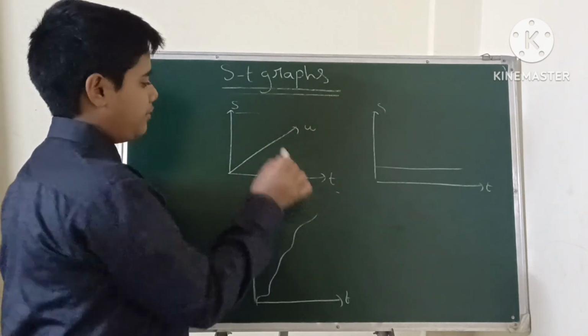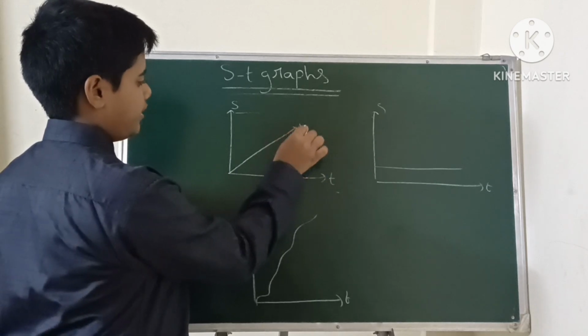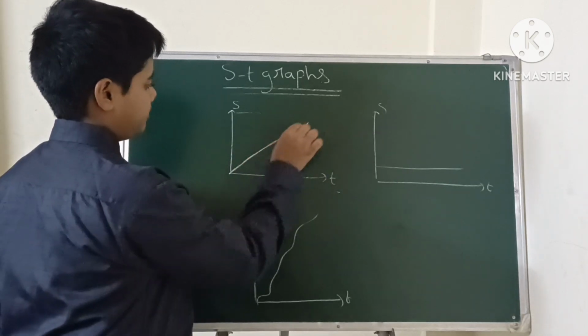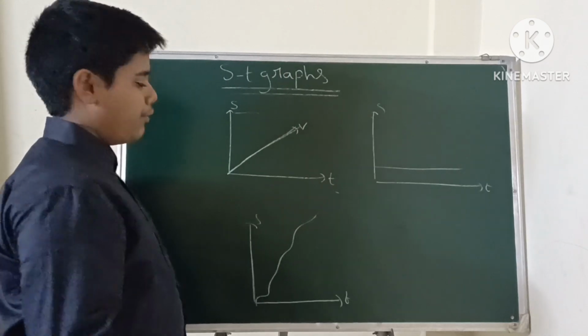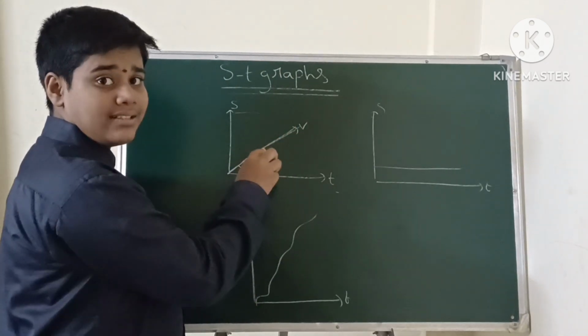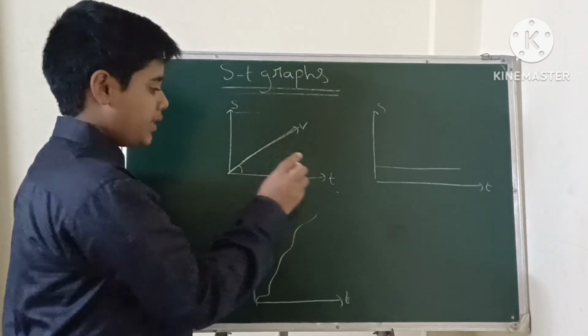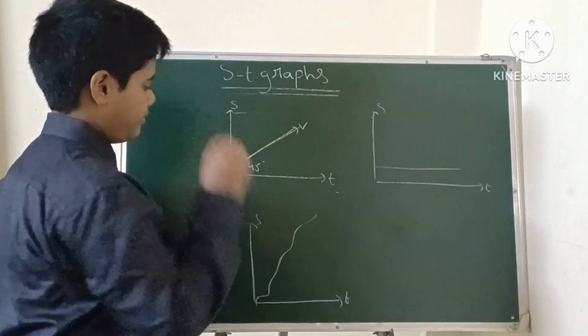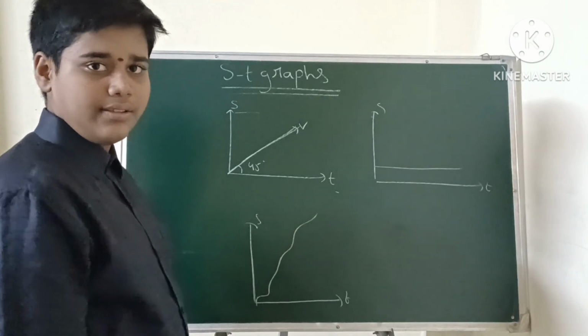In an ST graph, uniform speed comes like this. We can say that this line makes an angle of 45 degrees between time and velocity.